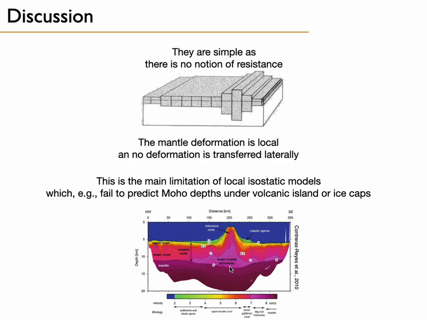And you see the Moho. So the Moho is deflected below the load, but it's deflected also away from the load. So it means that the mantle basically has some resistance, which cannot be neglected in this case. So we need to go further than simply local isostatic models. That's what we will do in the next lecture.